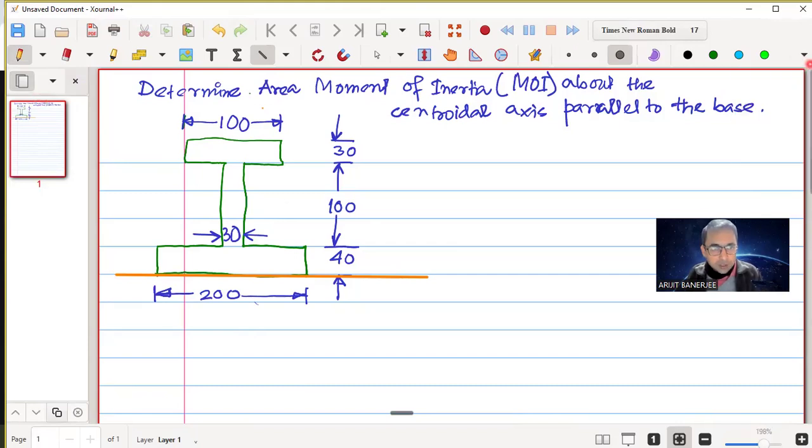Right, so let us identify that. This is one shape for which we know the centroid. This is a regular figure, that is a rectangle.